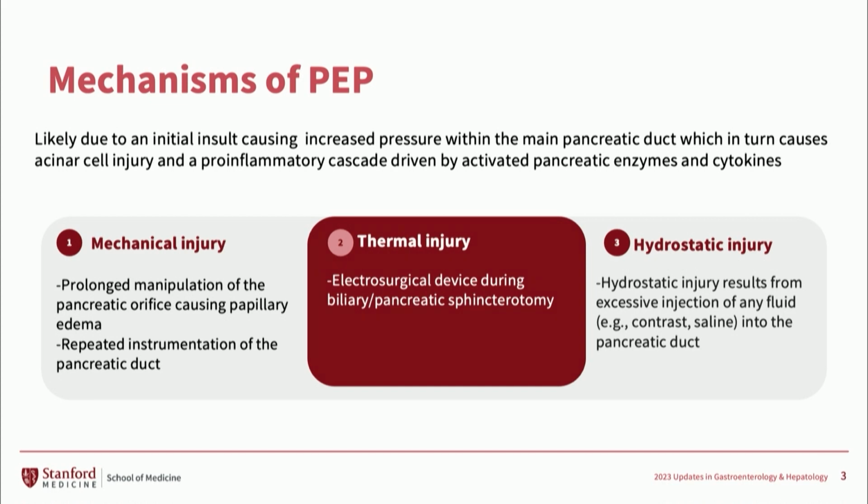There's also mechanical injury through manipulation of the pancreatic duct, whether it's wire passage or with passage of instruments in the main pancreatic duct. Thermal injury is another important factor, usually in the form of an electrosurgical device being used to perform a sphincterotomy. And finally, hydrostatic injury, usually in the form of contrast injection or pancreatoscopy if saline is used.